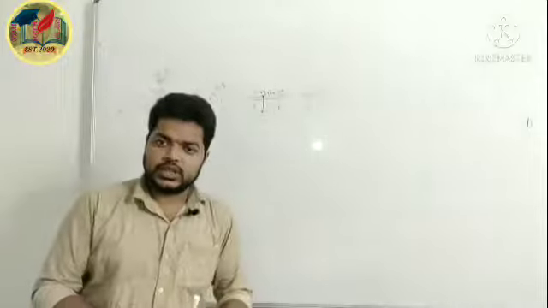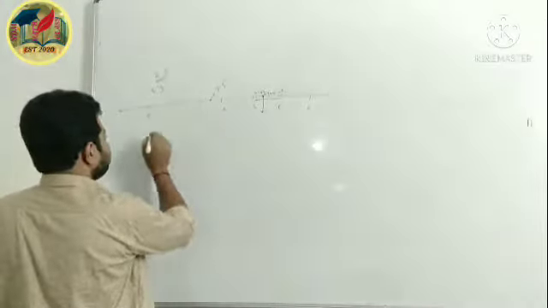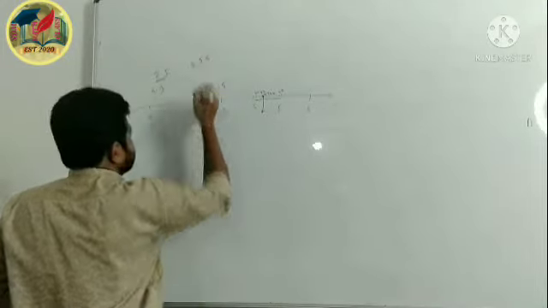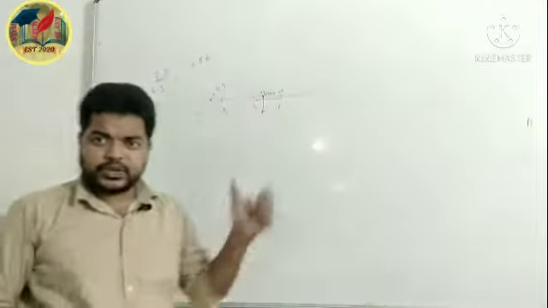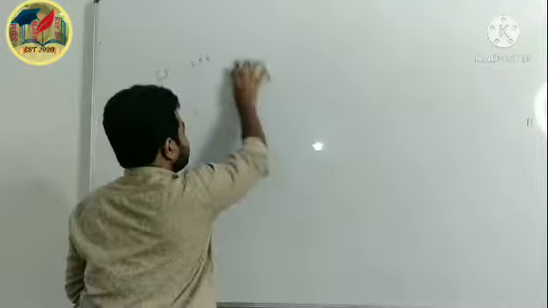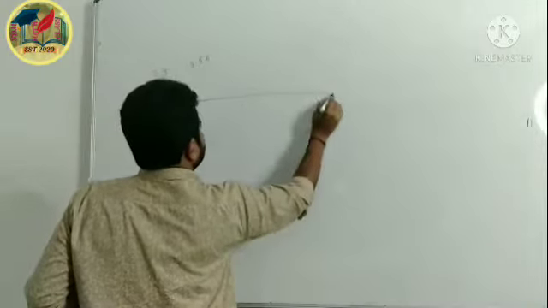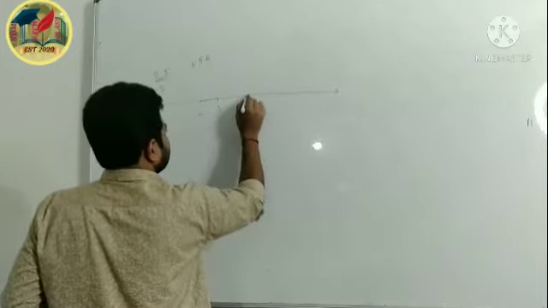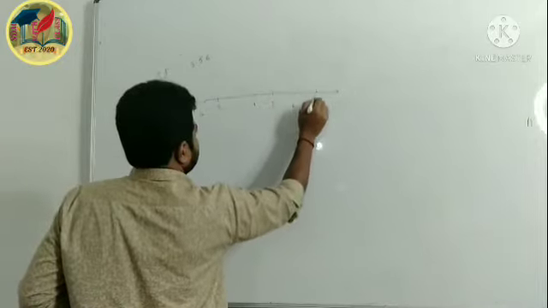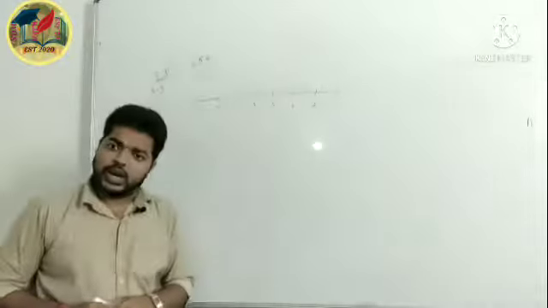Suppose we consider a 2 decimal place number. Suppose we take the number 3.56. How can I represent 3.56 on a number line? Clear? Now, obviously it is known that this 3.56 lies between 3 and 4.